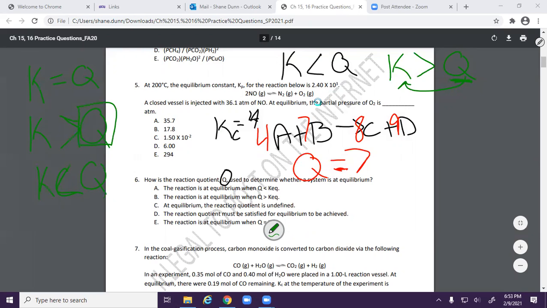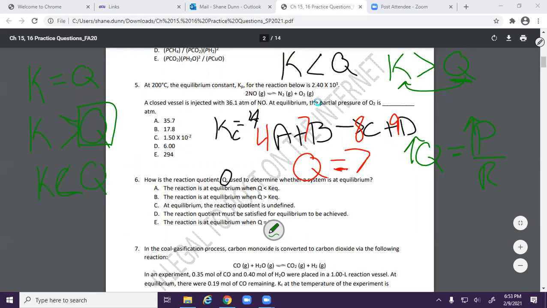It needs to become equal to K, so it needs to get bigger. And how does Q get bigger? You make more stuff, right? Because remember, Q and K are both equal to products over reactants. That's what Q is equal to, and that's what K is equal to. How does Q get bigger? You make more stuff. Does that make sense?